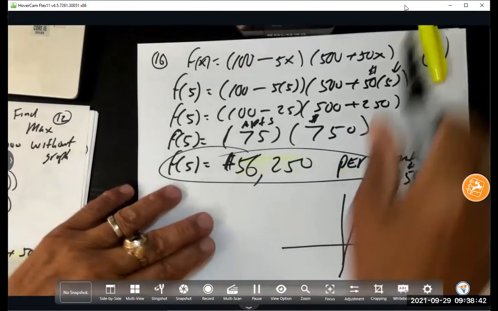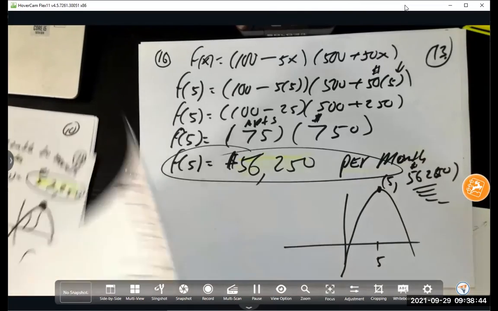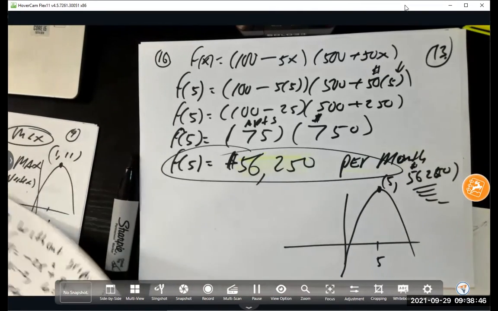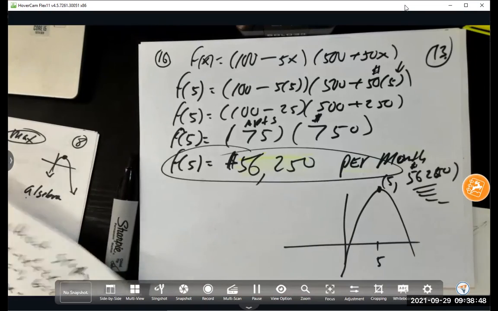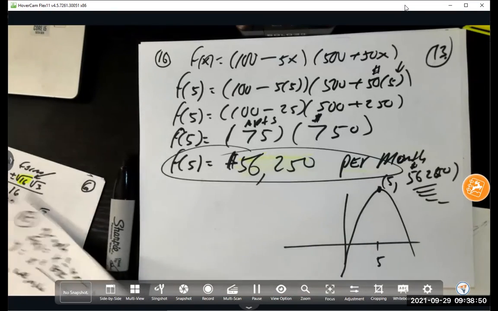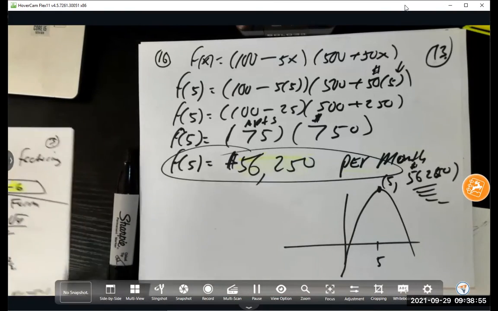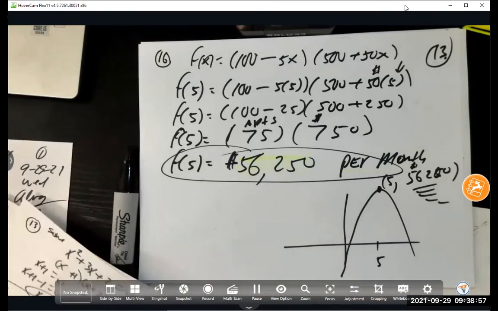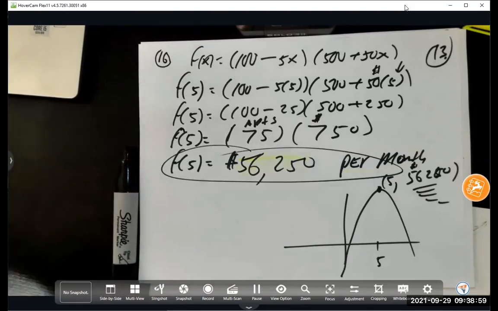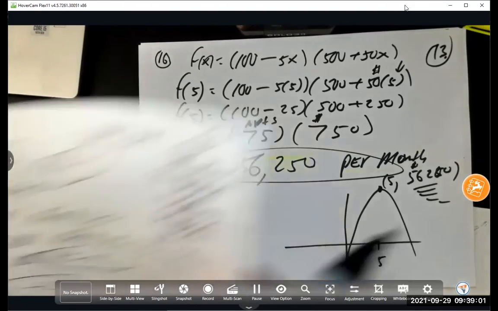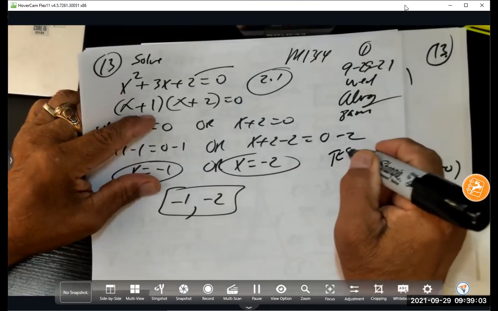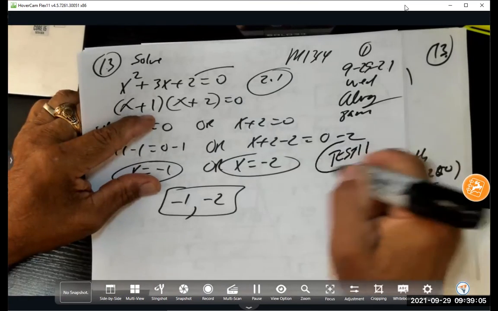All right, so let me do this. Today I did, let me see which ones we did: 13, 14, 15, 16. So today I did these right here in number 1.